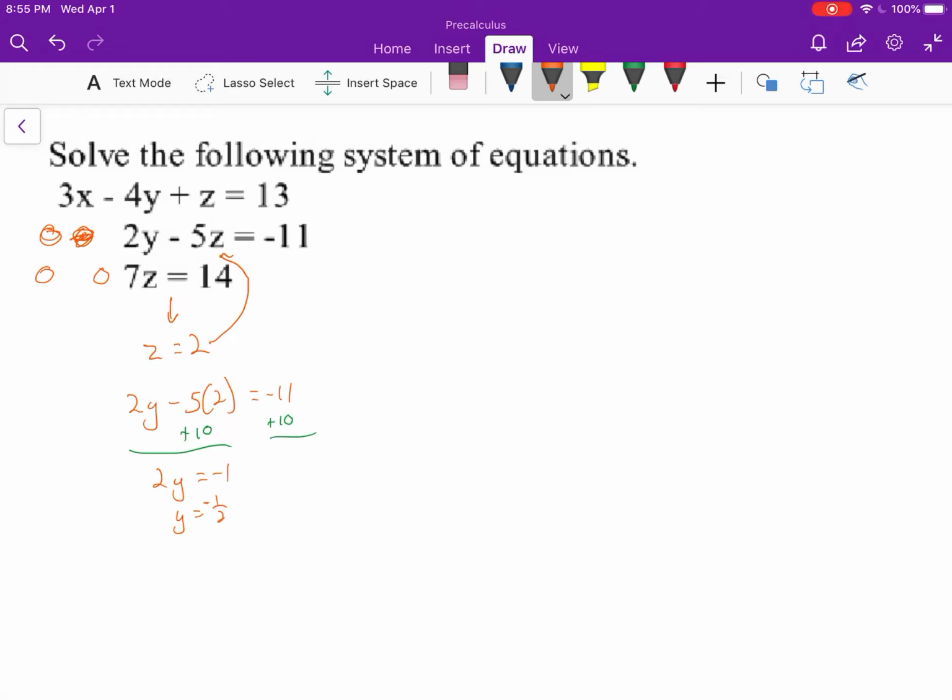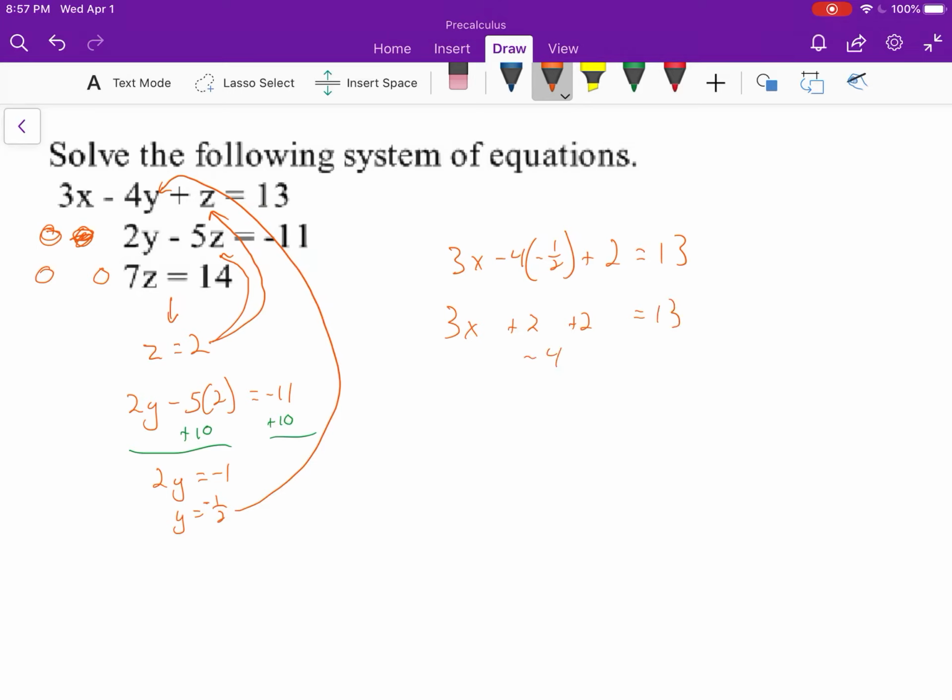And then to find x, we can take z and plug it in here, and this y that we just found and plug it in there, and we have 3x minus 4 times y, which was negative 1/2, plus z, which was 2, equals 13. We got 3x plus 2 plus another 2 equals 13.